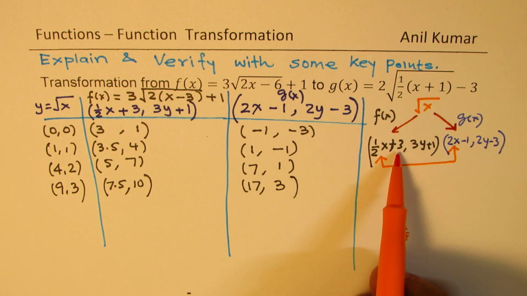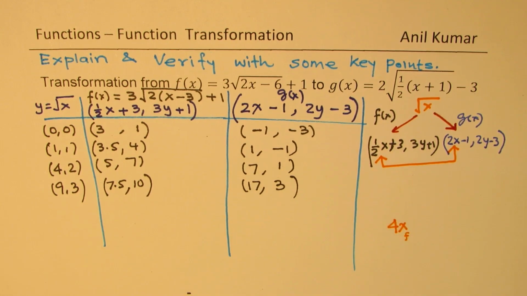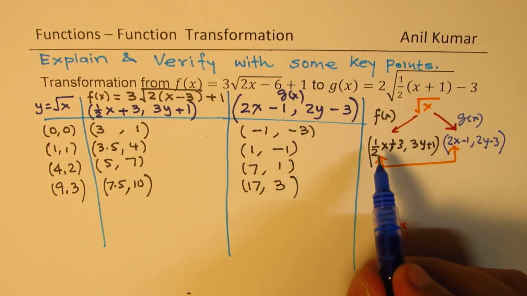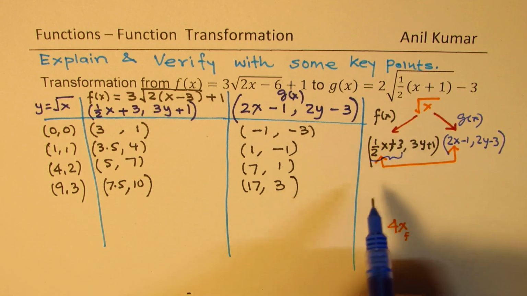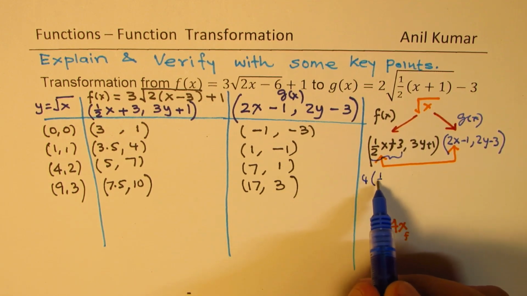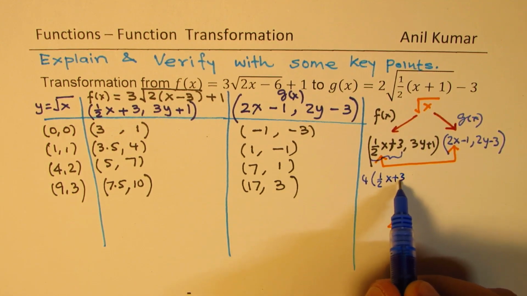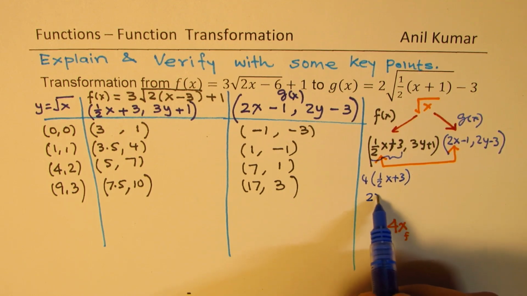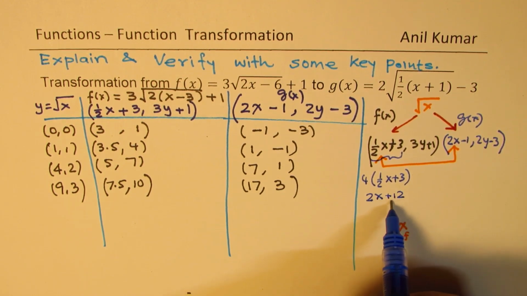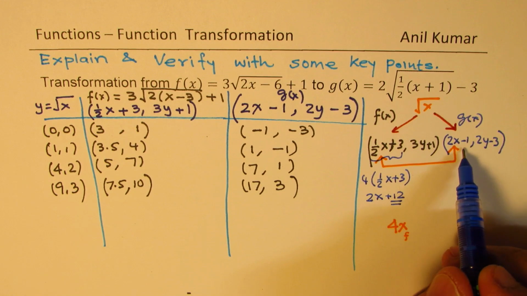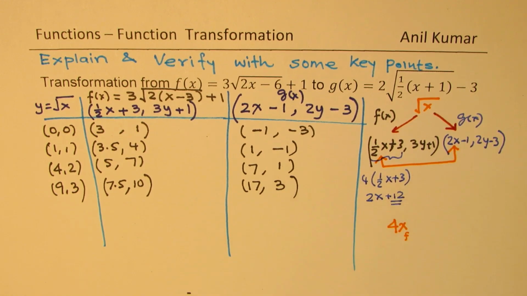And what happens to the translation? Well, the translation part is slightly tricky. What we need to do is we just multiply it by 4, right? So this particular term, if I multiply by 4, which is half x plus 3, I do get 2x plus 12. Now here I get 12, and on the other side I have minus 1. Do you see this minus 1 there?